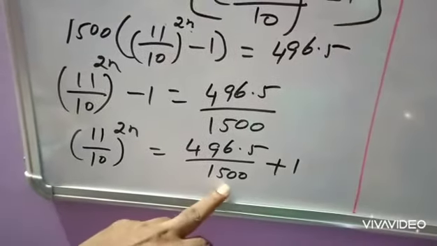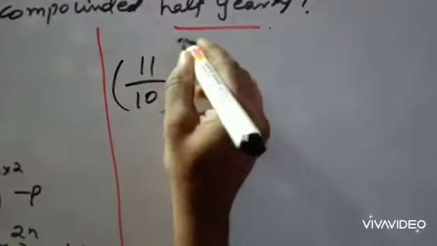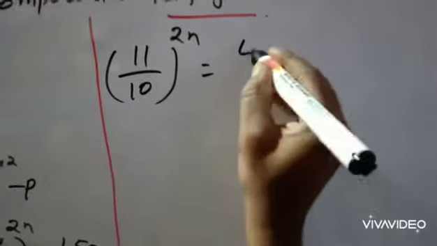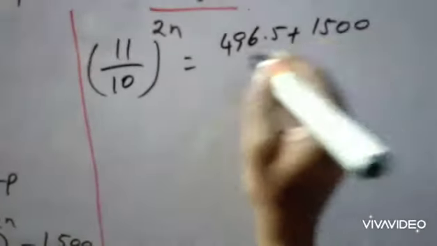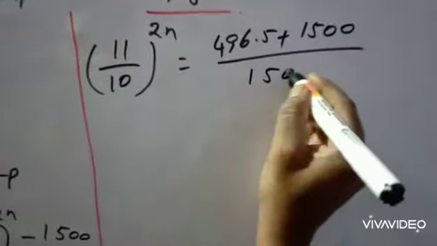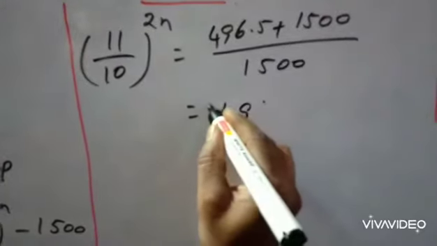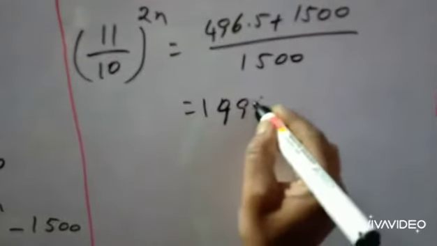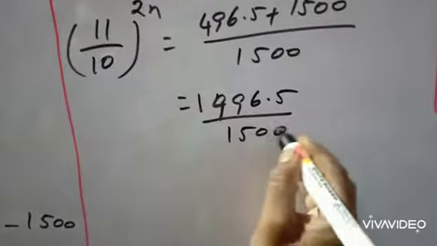We can take 1500 LCM here. So 11 by 10 power 2n equal to (496.5 plus 1500) divided by 1500. So we have 1996.5 divided by 1500.